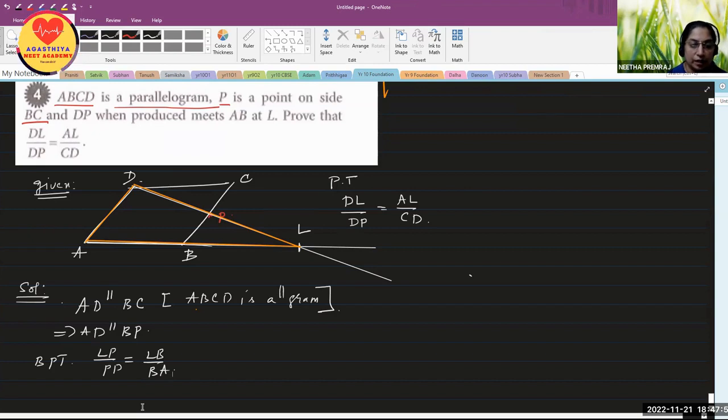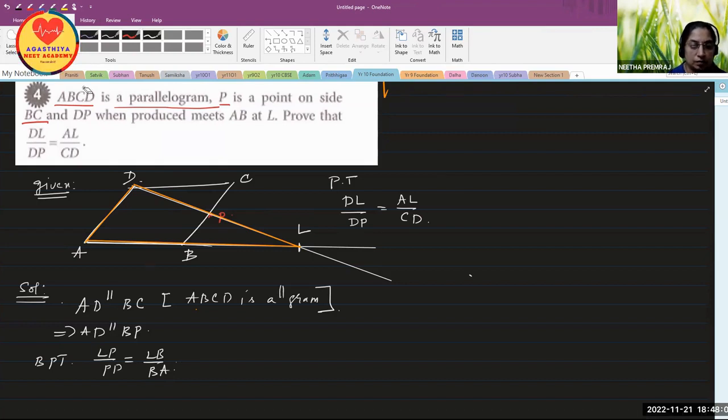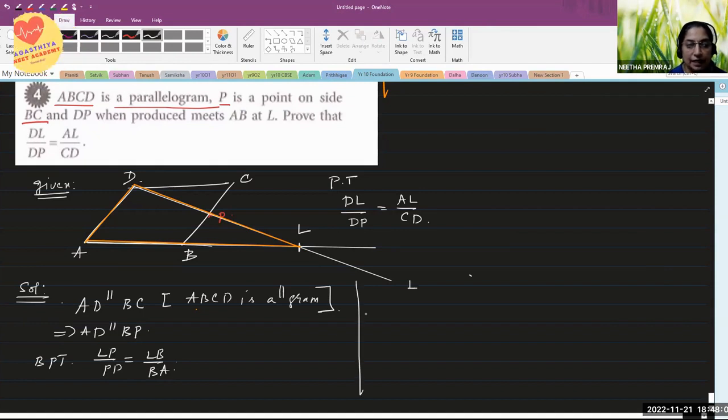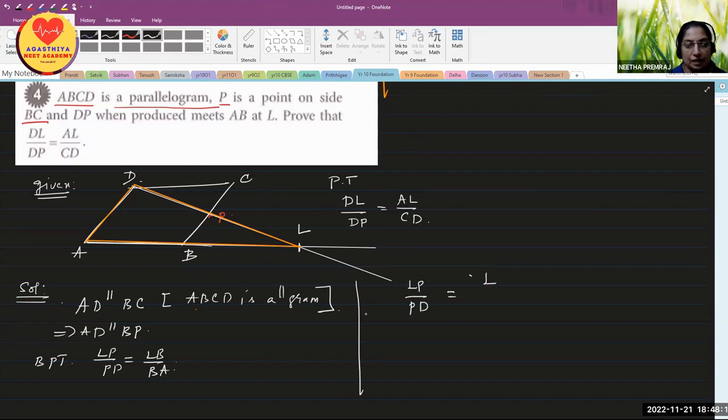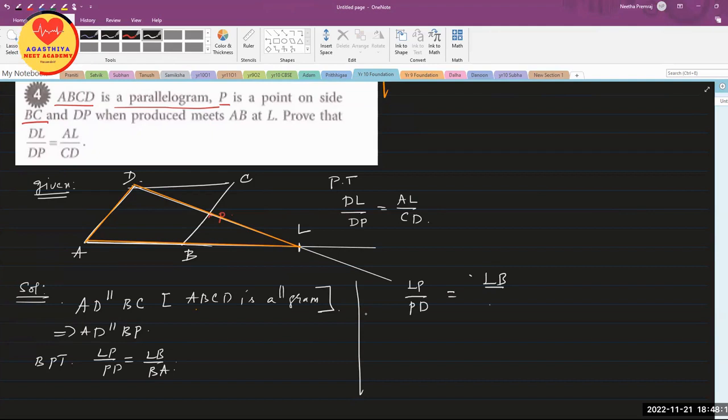Now if you see DL, according to LP, DL. What do I do? Now I add LP by PD, that is equal to LB by BA.